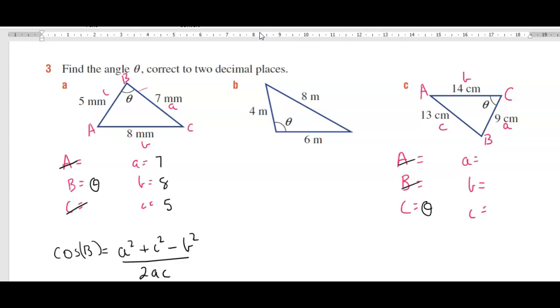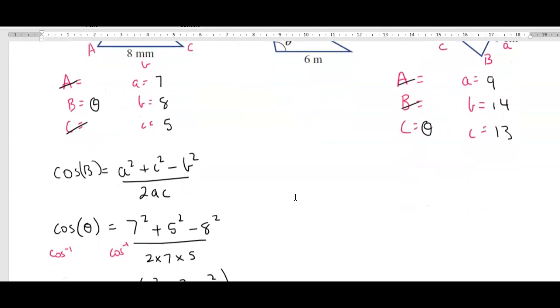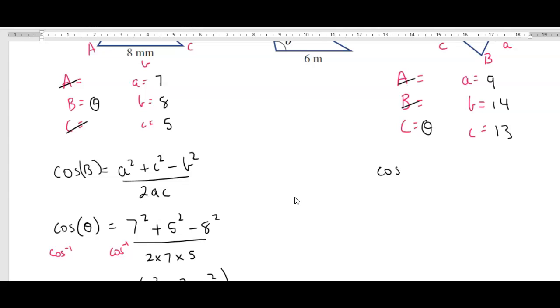So length A is 9, little b 14, and little c is 13. So your cosine rule, we're looking for an angle. So I'm going to work quickly because I'm just conscious of the time. A squared plus b squared minus c squared over 2ab. So we've got cos theta.